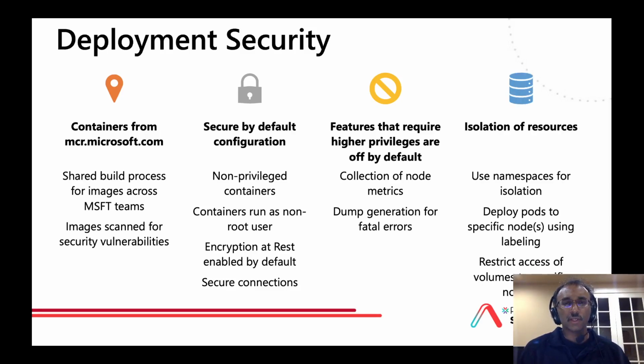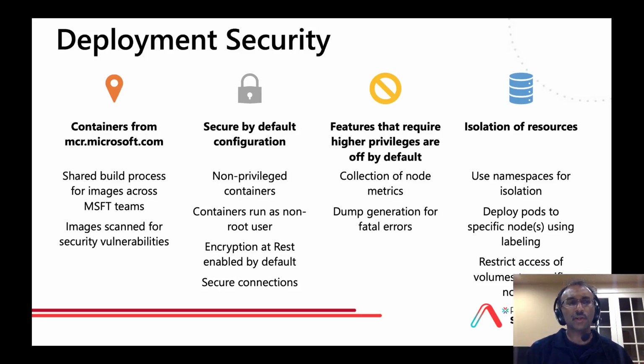Now the other one is isolation of resources. Today, if you want to separate, say, two SQL instances, you can either put them on VMs in the same physical server, or you can deploy them in their own servers. Or you can install named instances on a single server and manage them.